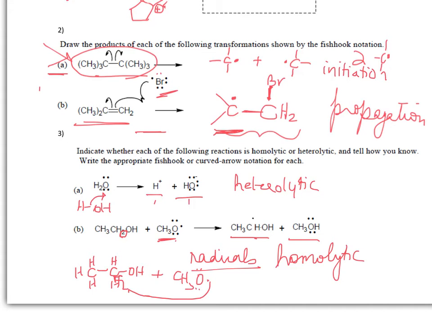The other electron is going to go on carbon. So it's going to give you CH3O, CH3 with the radical. The OH remains as is. And now you have the CH3OH, which is your product. That's your newly formed product. But the process goes through a homolytic cleavage of the CH bond.